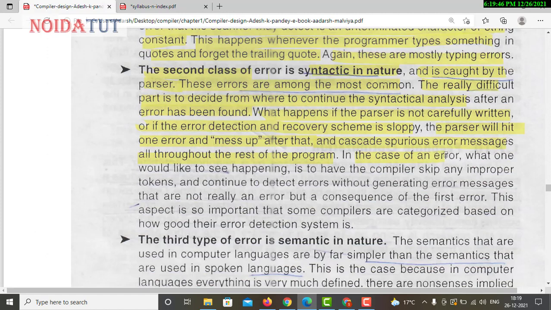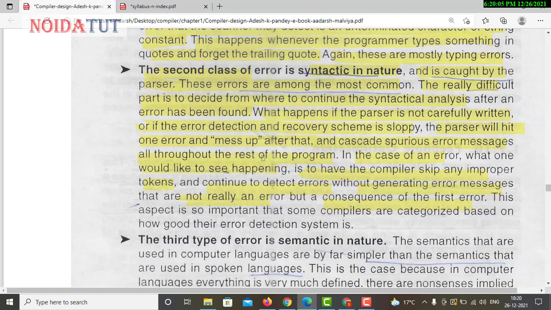In case of an error, what one would like to see happening is to have the compiler skip the improper tokens and continue to detect errors without generating error messages that are not really errors but a consequence of the first error.